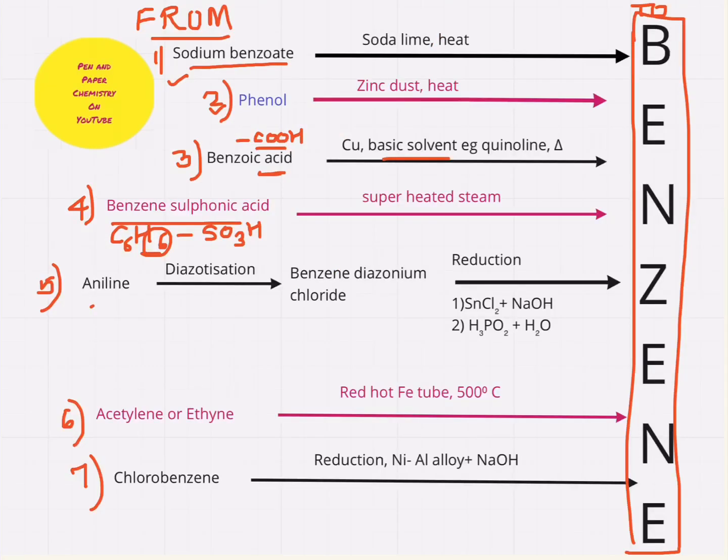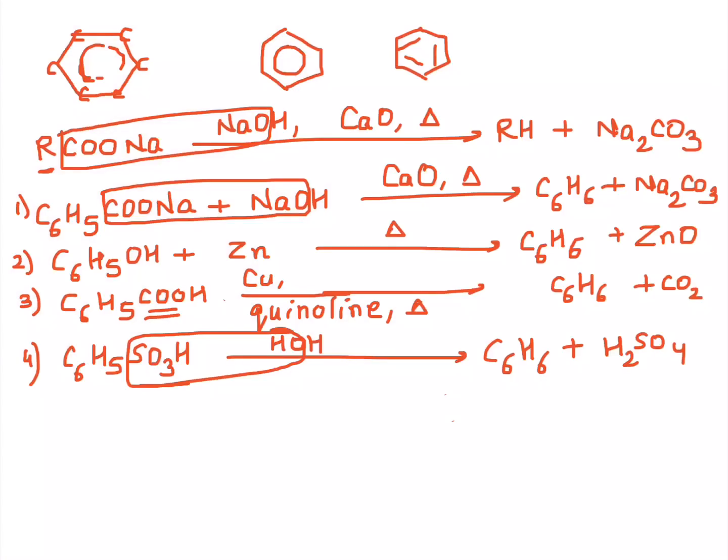Next one, aniline diazotization. By the way, here the condition for diazotization, please don't forget 0 to 5 degrees Celsius, gives us benzene diazonium chloride followed by reduction using any of the reagents gives us benzene. So let's get going. What is diazotization?